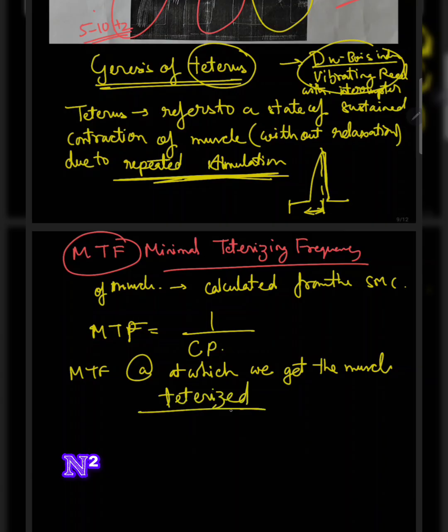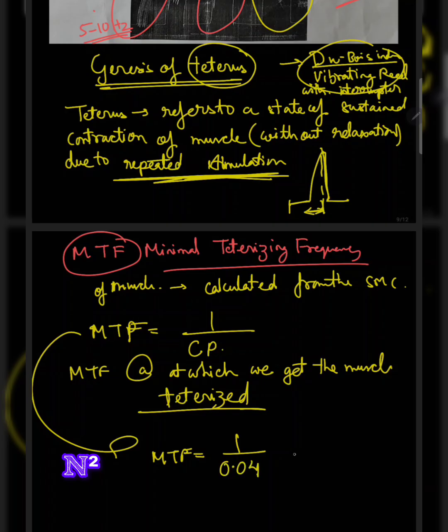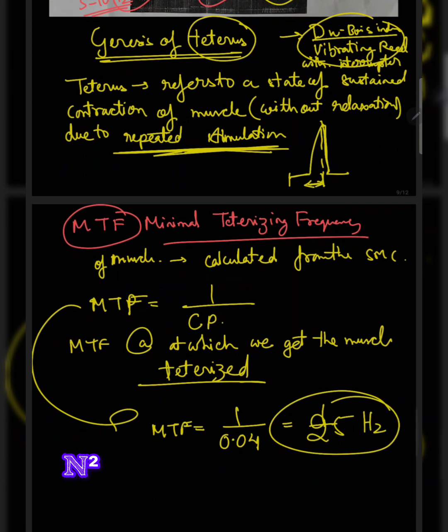Usually in a frog's muscle the contraction period is 0.04 seconds, so we get a frequency of 25 hertz. That's the normal standard MTF.